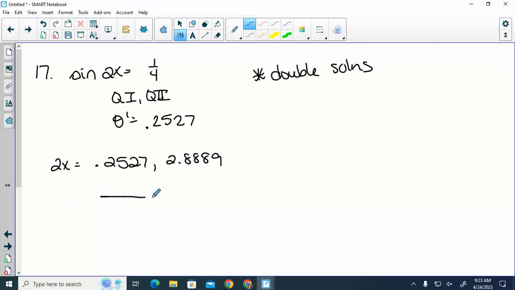Okay, so to get the remaining ones, what do we do to each of those? We add 2 pi. So then, to get x, we divide every one of these by 2.